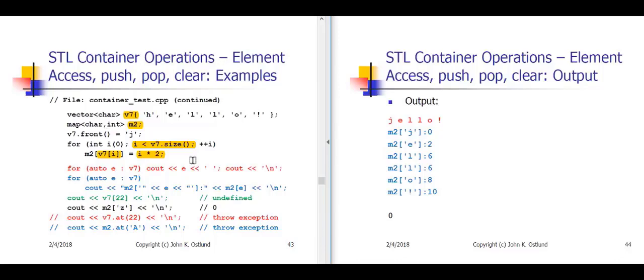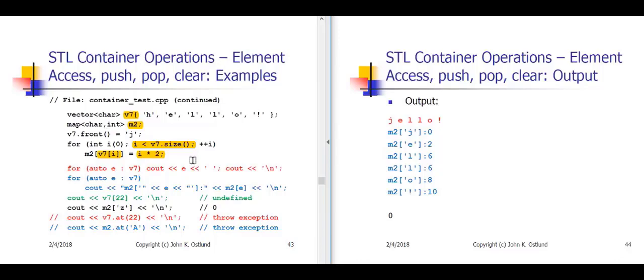Notice that the fourth time through the loop, i's value is 3, and v7 sub 3 is little l again. Now, because the little l key already exists in M2, this is not going to create a new pair. What I am going to get back is a reference to the value part of the pair whose key is little l.